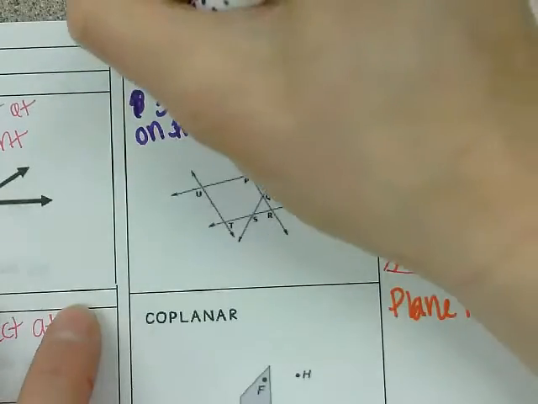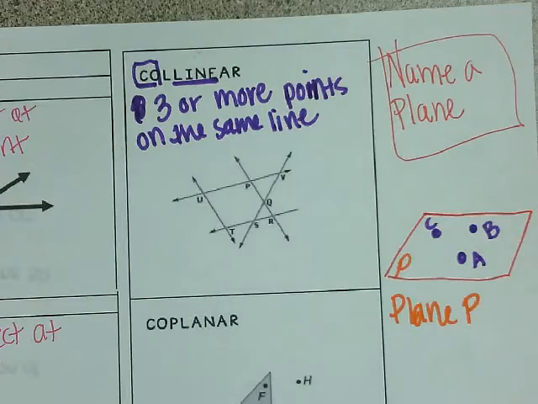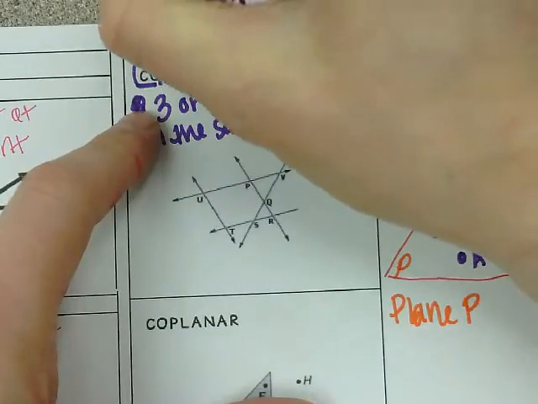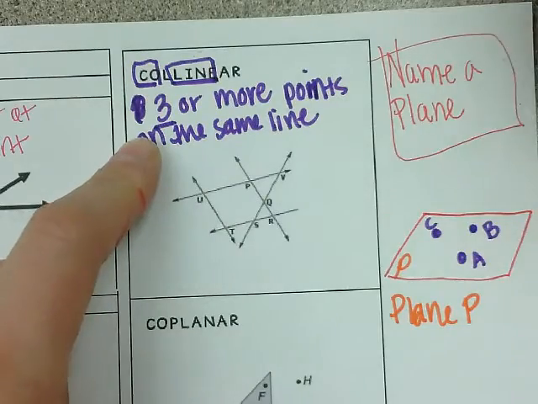So we see co, like co-teacher. It's 2 people doing the same class. Collinear means that you're on the same line. But it has to be 3, okay?